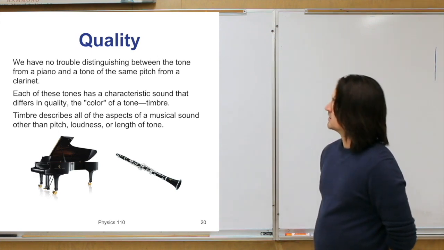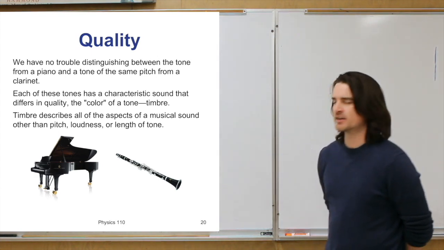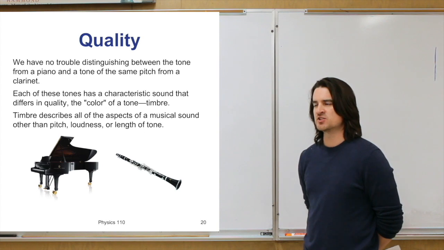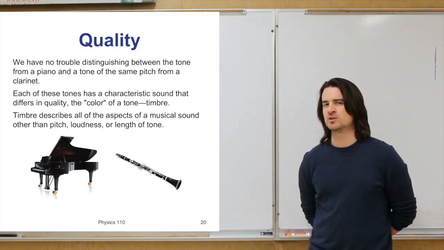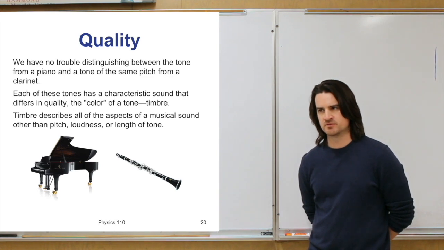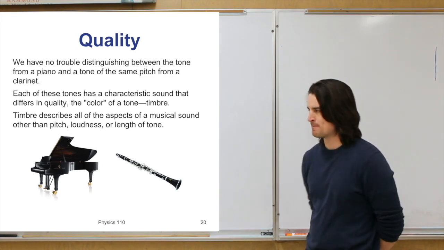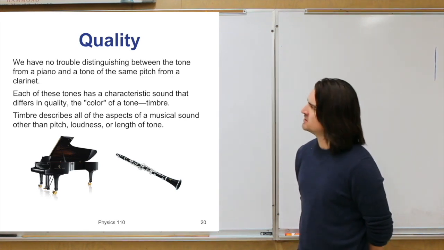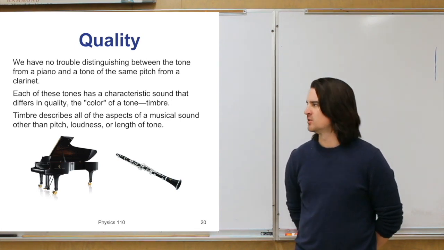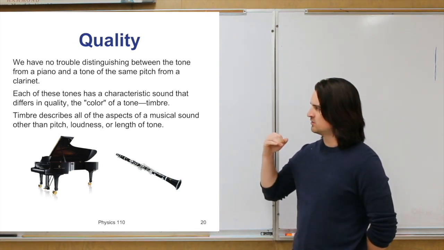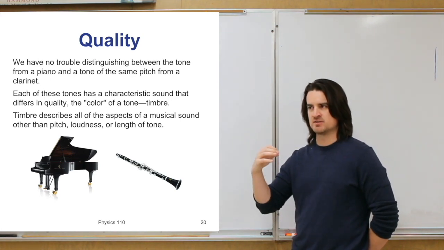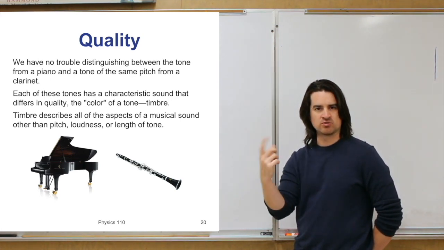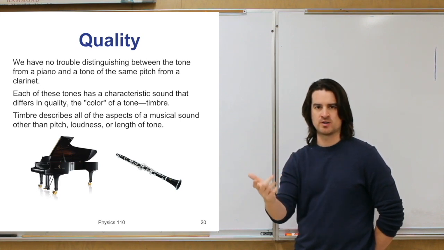Okay, finally, quality. Like I was saying earlier, one way of saying it is how pure a musical note is, or how pure a musical sound is. You can get an idea of what quality is if you listen to a piano playing that fundamental C note at 32, 33 hertz.